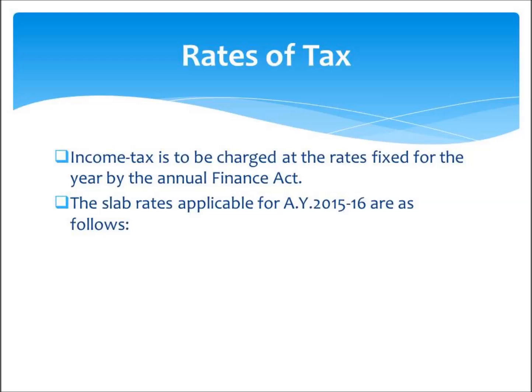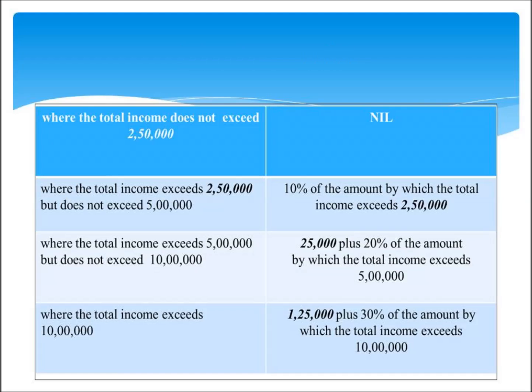So every year the rates of tax for different assessees are prescribed, whether they are changed, increased or decreased, whatever be the case. So let us see the various slab rates and rates of taxes applicable to various assessees for the assessment year 15-16, that is this assessment year which is going on. Let us see that.